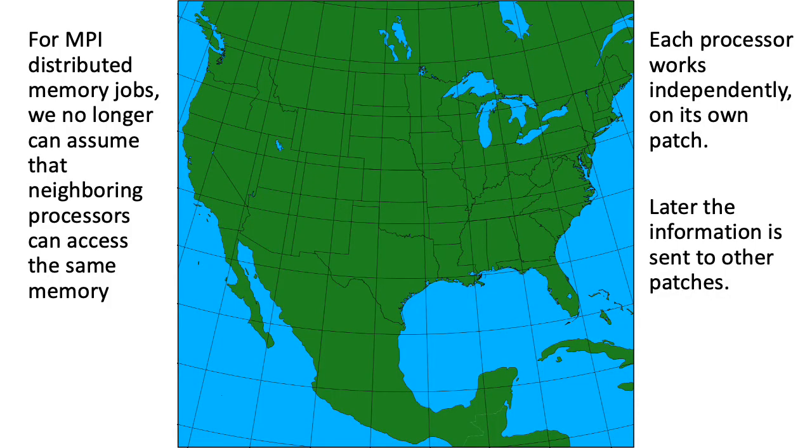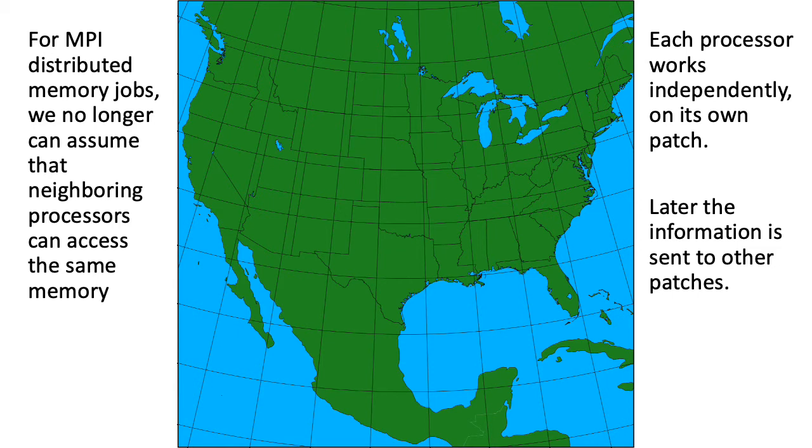Now let's look at the other kind of parallelism, MPI parallelism. This is referred to as distributed memory parallelism. The idea here is that one processor can do work, but when it needs memory from another processor, it doesn't have access to that memory. So this is a distributed memory job.